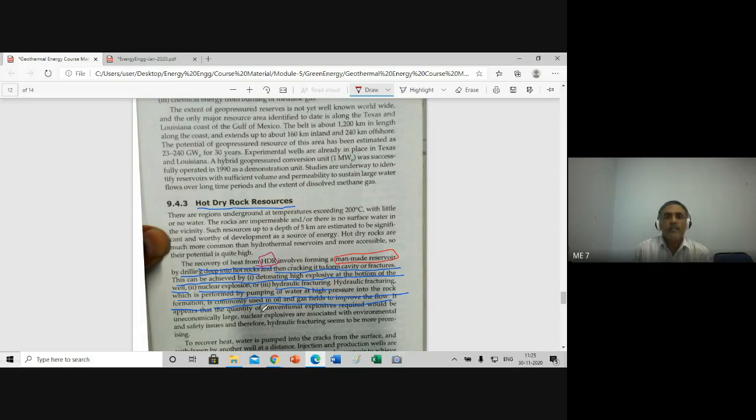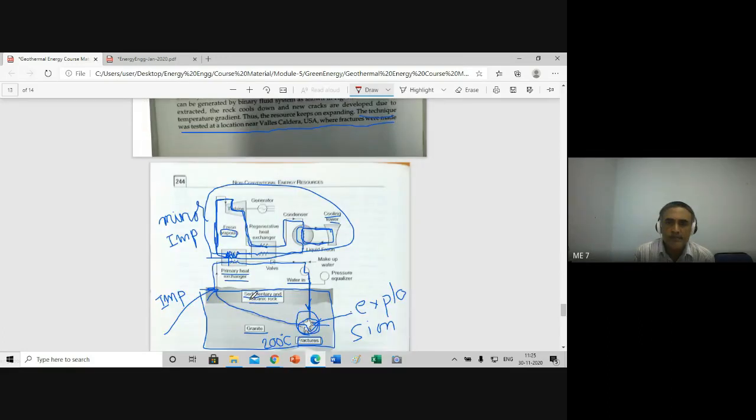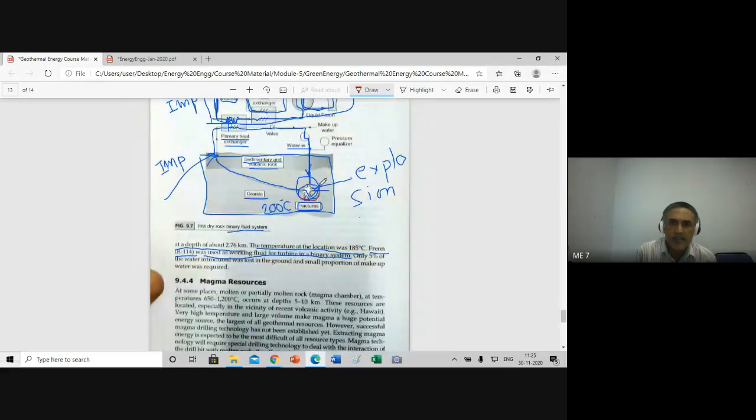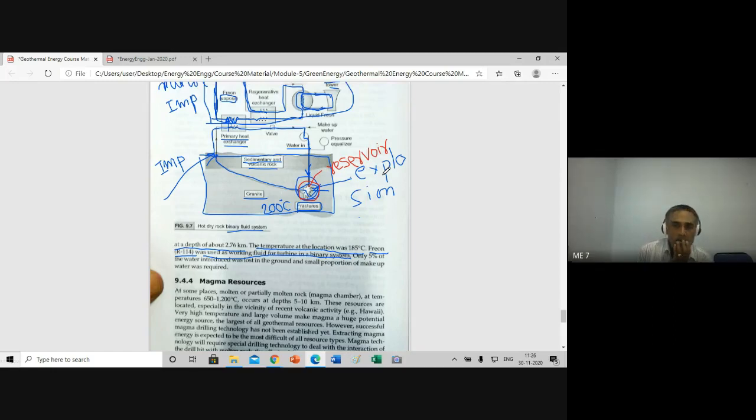This is that one. Man-made reservoir. This is man-made. I hope you have understood this one.